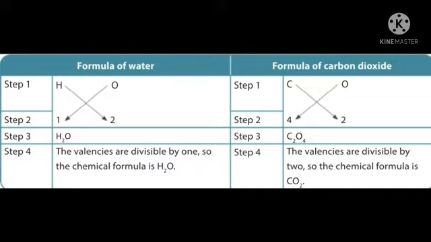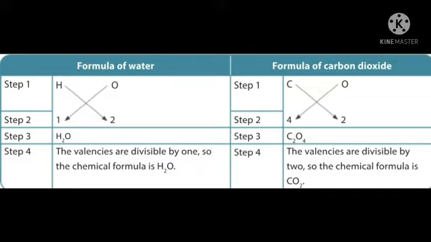Then just cross over. So for H, the valency is 1; for oxygen, the valency is 2. The third step is to cross over the valencies. So just cross it: H2O1. That's what they have written in step 3, H2O.